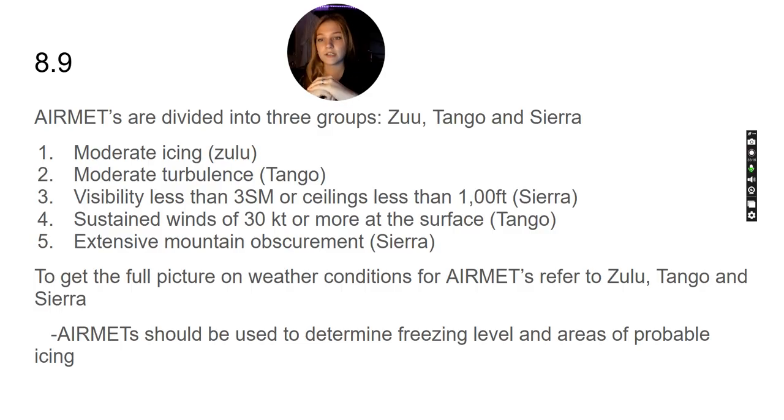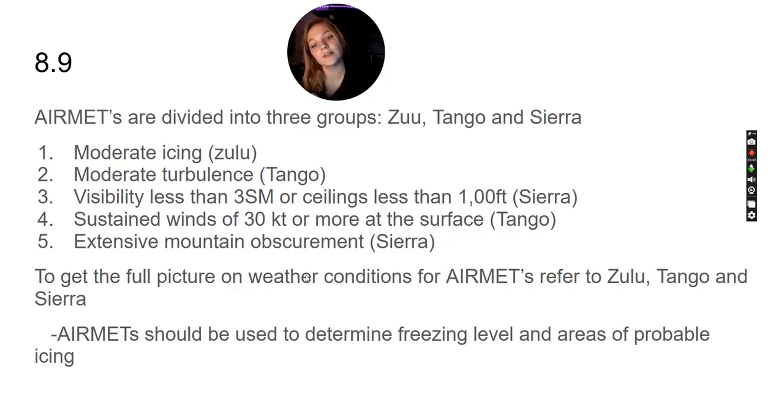So what the AIRMETs go over would be moderate icing, which is Zulu, moderate turbulence, Tango, visibility less than 3 miles or ceiling less than 1,000 feet, which should be Sierra, sustained winds of 30 knots or more, which is Tango, and extensive mountain obscurement, which is Sierra. So I think Sierra is kind of visibility stuff, and Tango is kind of turbulence and wind, I guess. I don't know.